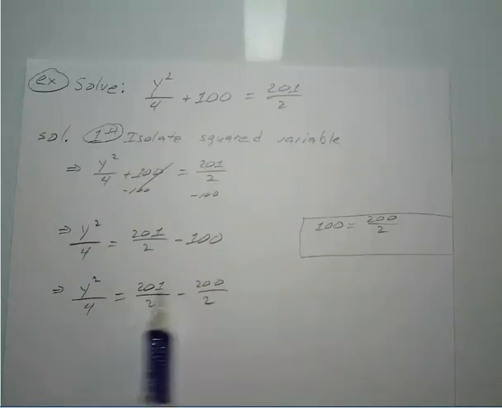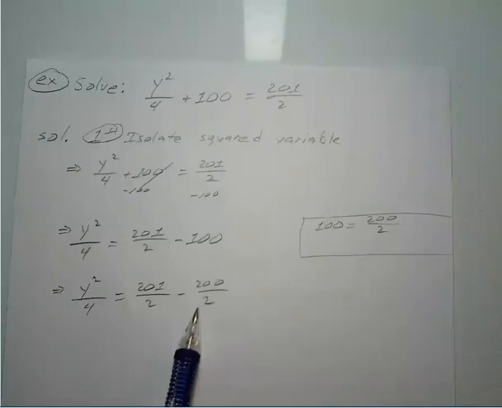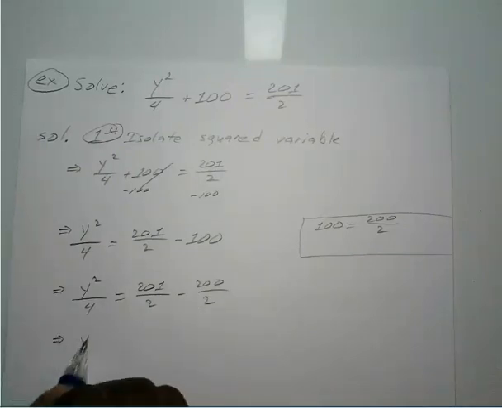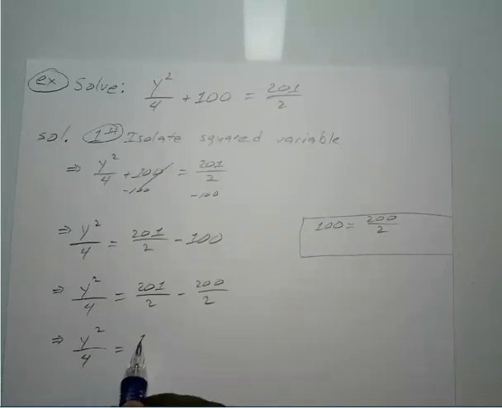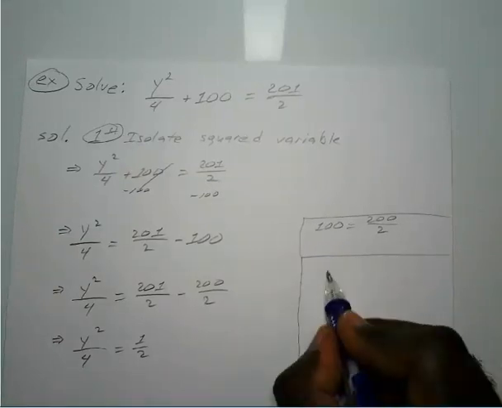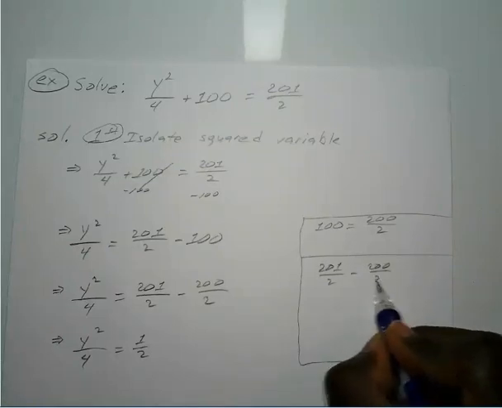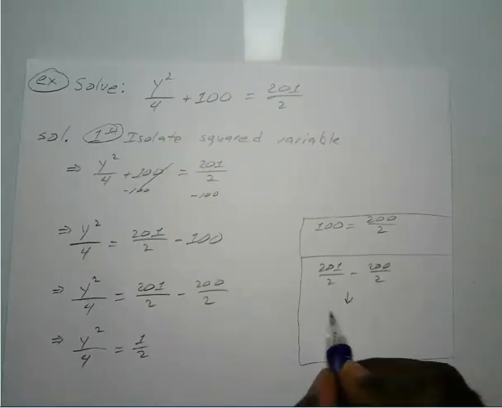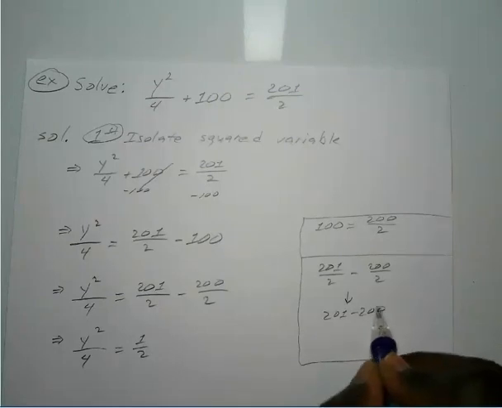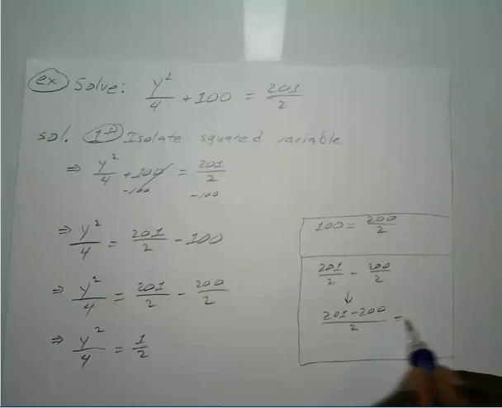Okay, so if we go ahead and subtract our numerators, 201 minus 200 is 1/2. So y squared over 4 equals 1/2. Because remember, 201 over 2 minus 200 over 2, that just becomes 201 minus 200 over 2. 201 minus 200 is 1.